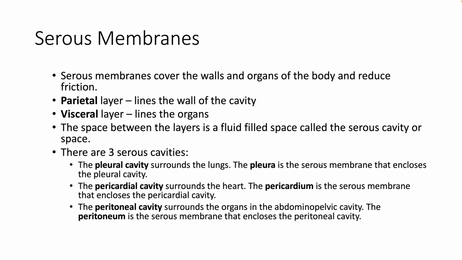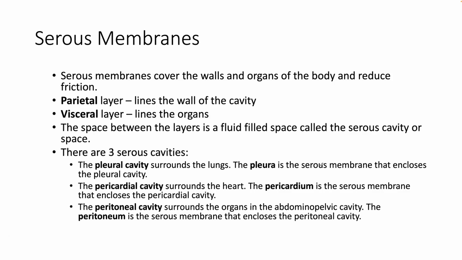Now let's shift gears and talk about serous membranes. Remember, these are found in the ventral cavity. These are going to cover the walls and organs of the body. As I mentioned, they contain a fluid-filled space that's going to help reduce friction. There are two layers to serous membranes.